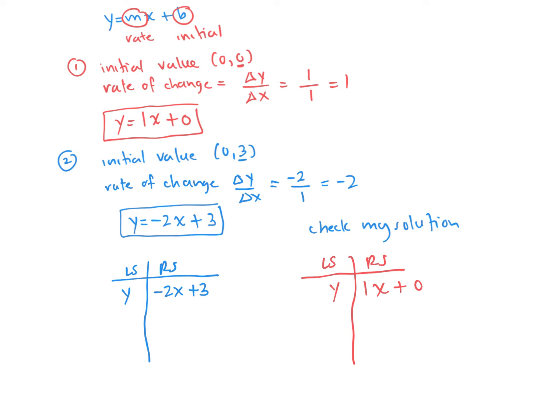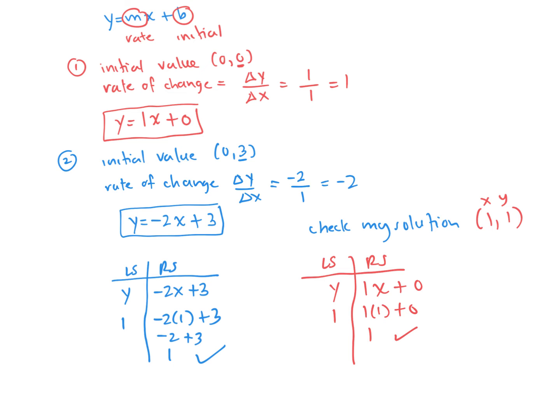We don't really need the 0, but we'll write it in there. So we think that the solution was (1, 1). So when x is 1, y is 1. So 1 times 1 plus 0 is 1, so it checks in that one. And y is 1, x is 1. Negative 2 plus 3 is 1, so it checks in that one.